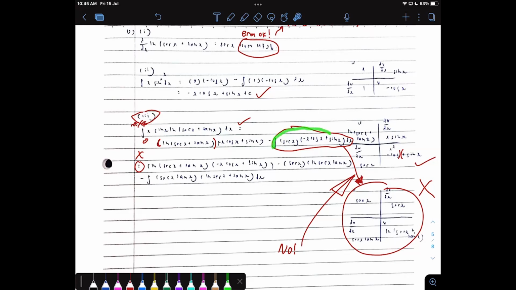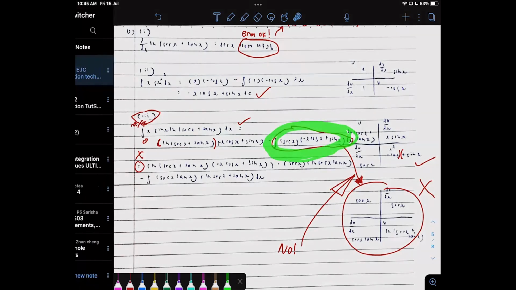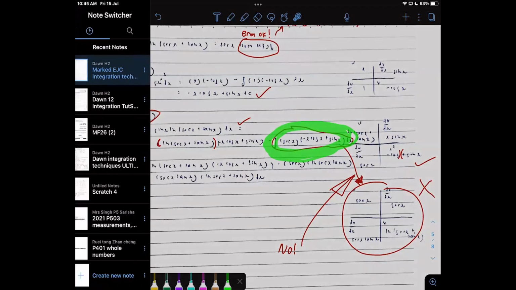Over here, this integral looks very similar to a certain answer. Oh, wait, sorry, I understand already. This part here, you can actually use some trigonometrical identities. Let's see how we can integrate this without using integration by parts. Okay, let's look at the solution now. Question 11, I'll come back to it.